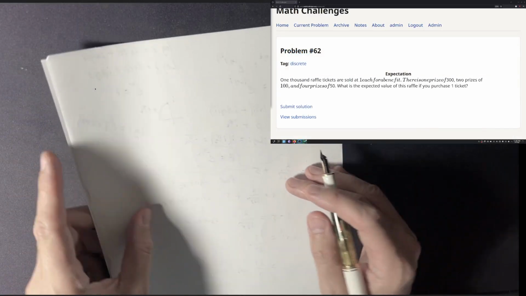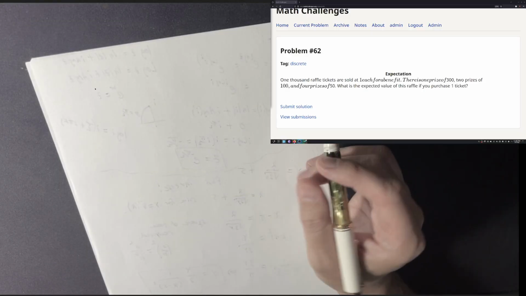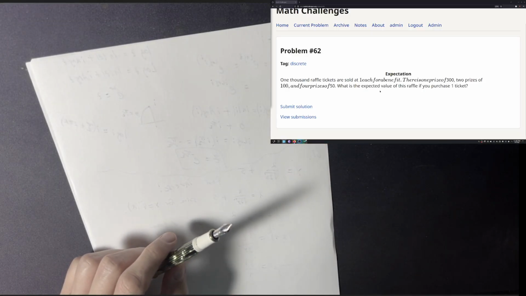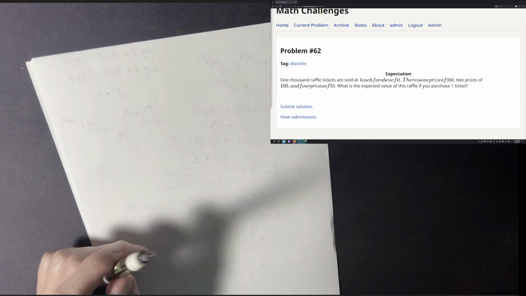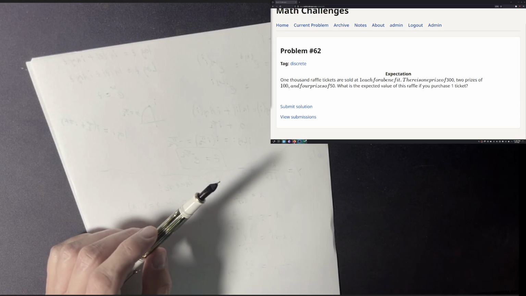I'll edit this at some point. I didn't realize that the question got all mangled. But anyway, we're selling 1,000 raffle tickets. This is an expected value question.